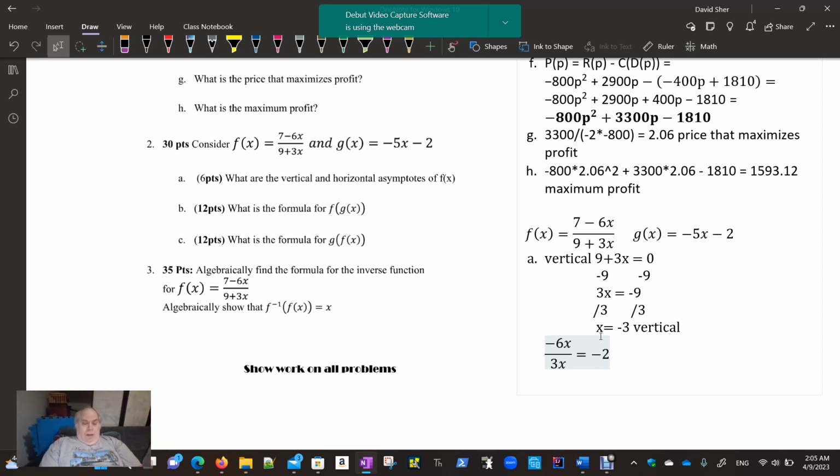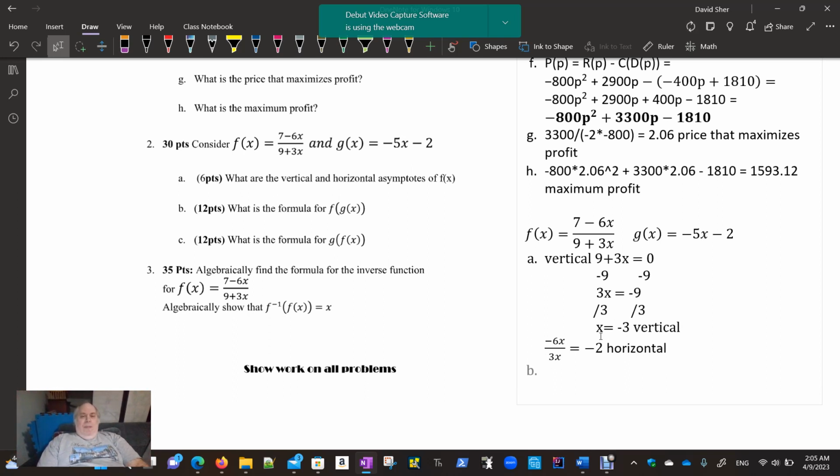That's going to be the horizontal asymptote. And that's part A.